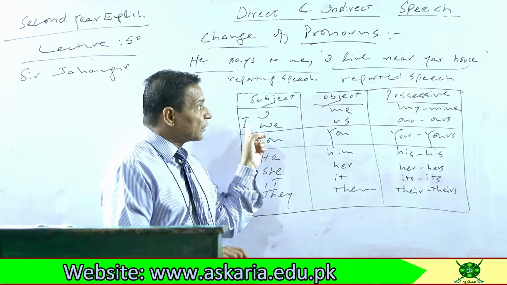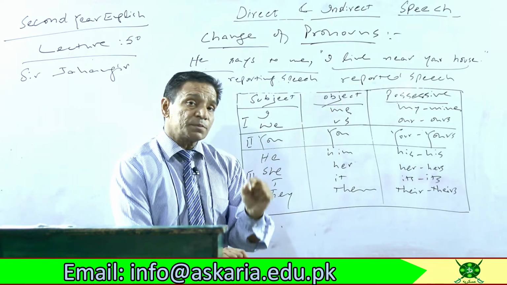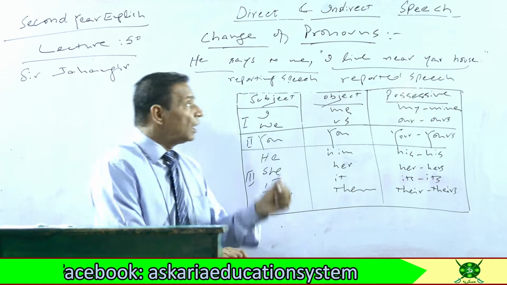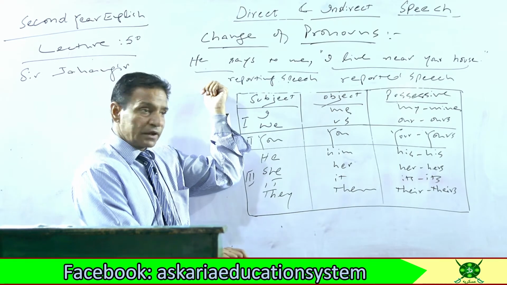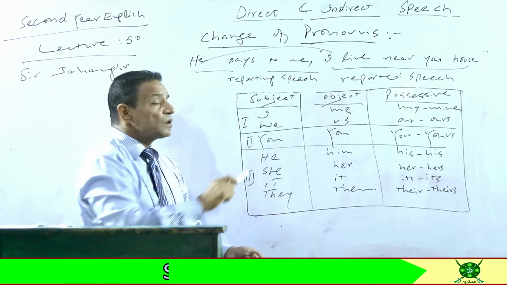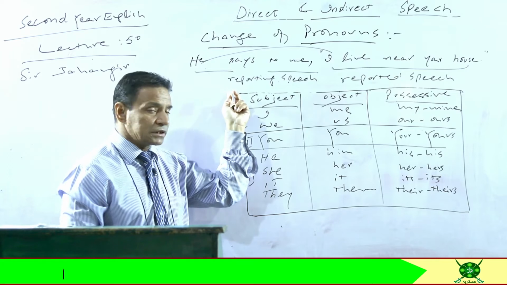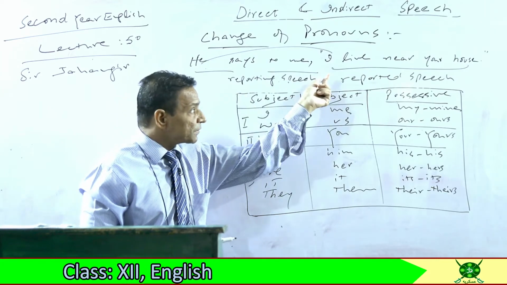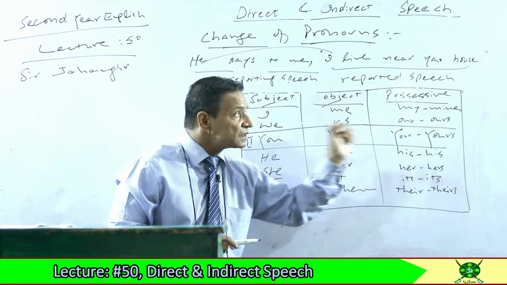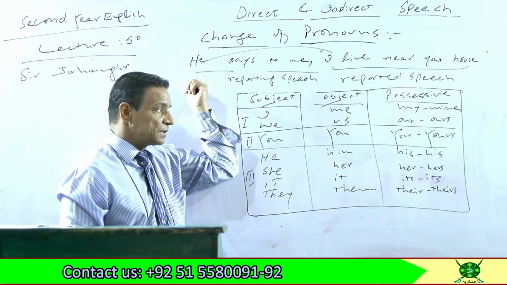If in reported speech we have a first person pronoun, it will be changed according to the subject of the reporting speech. For example, I will be changed into he. If we have I, we, me, us, my, mine, or ours, these will be changed according to the subject of the reporting speech.